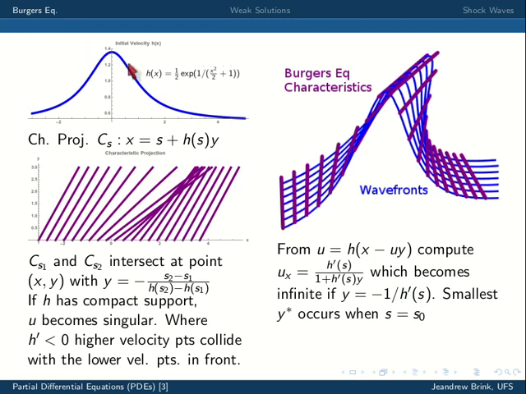So you can look at this and work out where the derivative is largest, and that will give you the smallest value of y. Sorry, well, largest in magnitude. Okay, so where h of s is a minimum is where y star occurs.